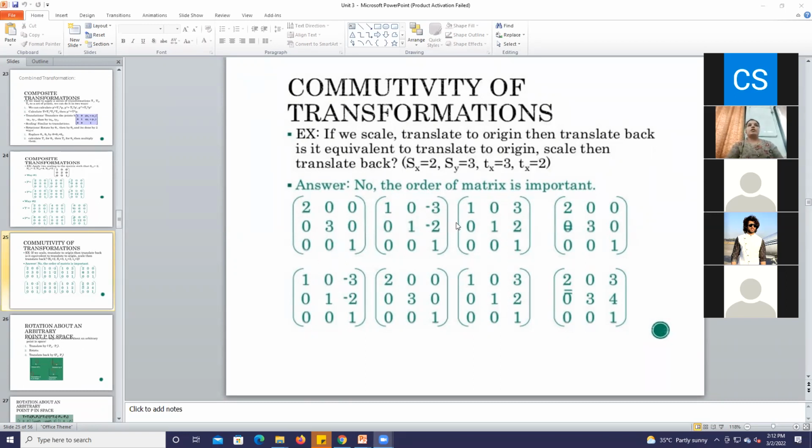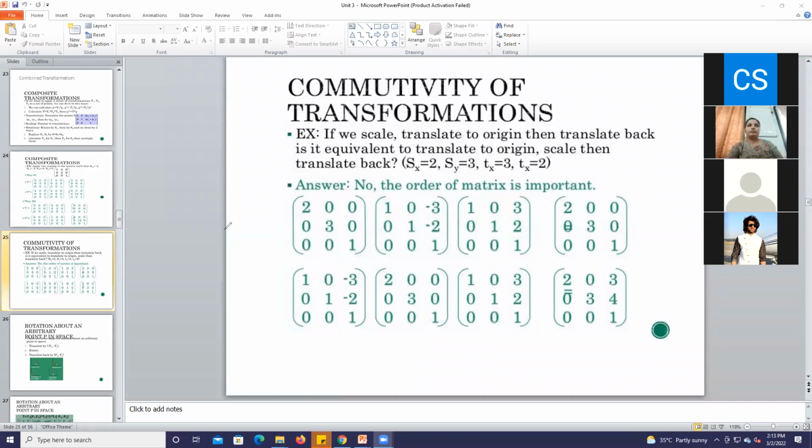First, you can check that if we scale, translate to origin, then translate back, is equivalent to translate to origin, scale and translate back. म्हणजे इथे ऑर्डर फक्त चेंज केली आहे, स्केलिंग केले पहिल्यांदा आणि translate to origin and translate back.